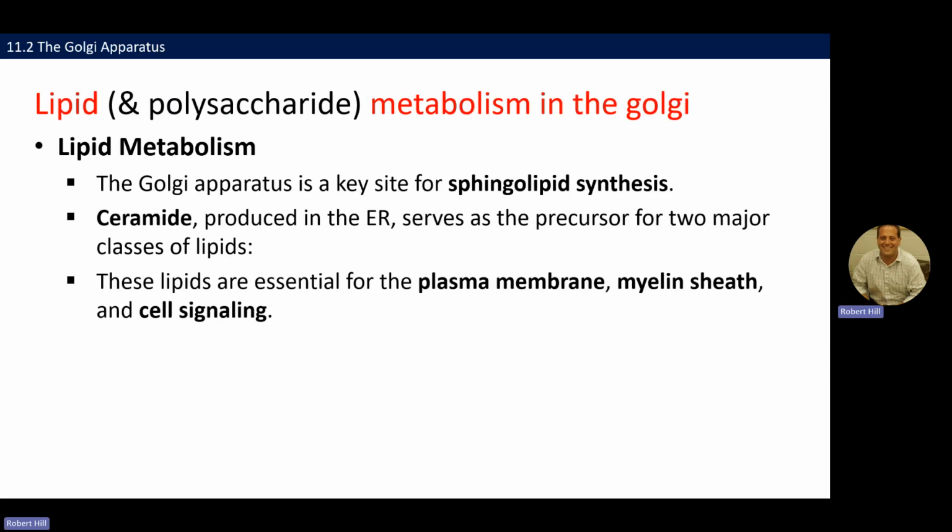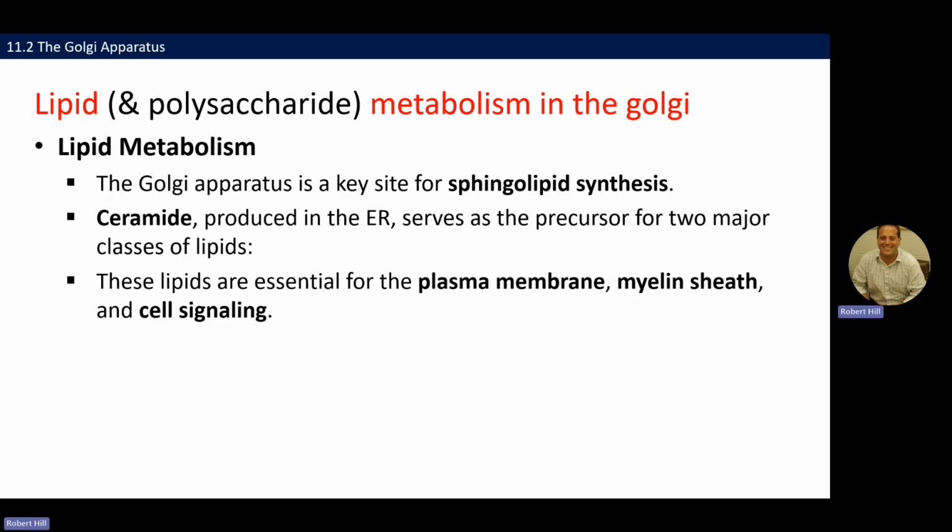All right. Also, there is some lipid metabolism that occurs in the Golgi apparatus, specifically sphingolipids. Remember back from chapter 2. So sphingolipids are important because they make up lipid rafts in the plasma membrane. Remember, lipid rafts are areas of aggregated proteins.